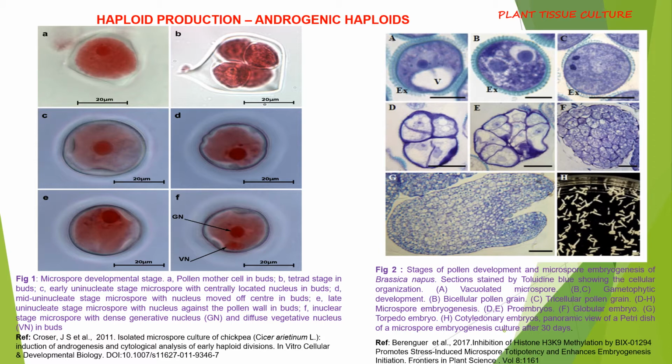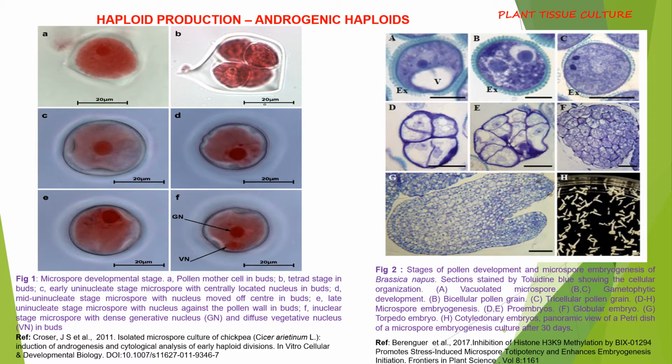Therefore, stress treatments are generally given at mid or late uninucleate stage, which triggers the microspore to enter into androgenesis phase. Stress can be given in the form of starvation or osmotic stress like incubating the anthers in mannitol solution.